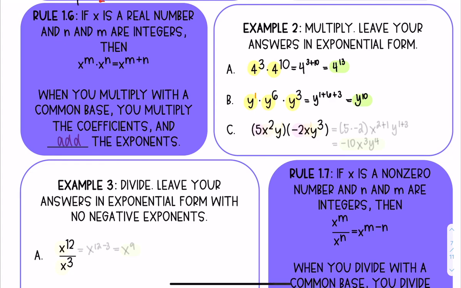And the third one. So 5x squared y, and then negative 2xy cubed. So I'm just going to write the exponents that we're missing on the first y and the second x. We are going to multiply the 5 and the negative 2 together. And then we're going to look at the x's, and we're going to look at the y's.